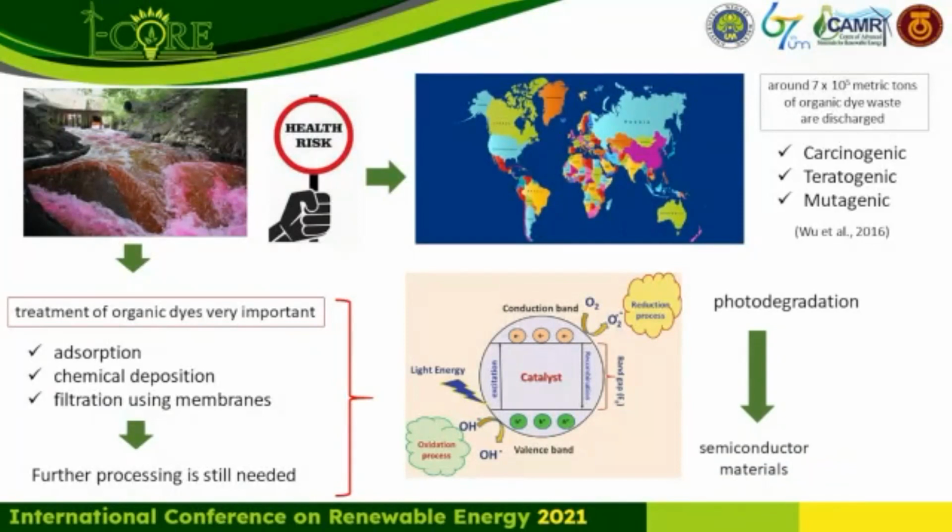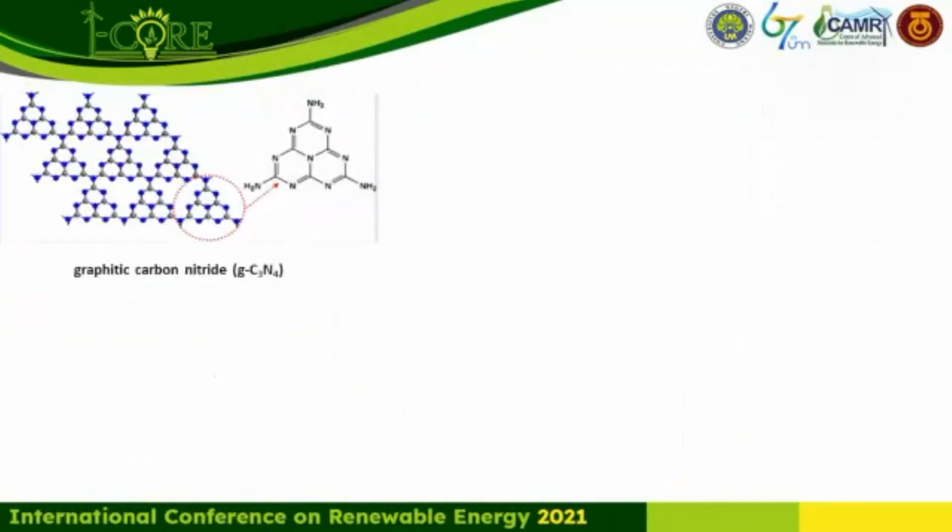In the photodegradation process, the toxic dye molecule can be converted into less harmful ions or molecules, or even completely decomposed into carbon dioxide and water. Therefore, the photodegradation process becomes an attractive strategy for water treatment.